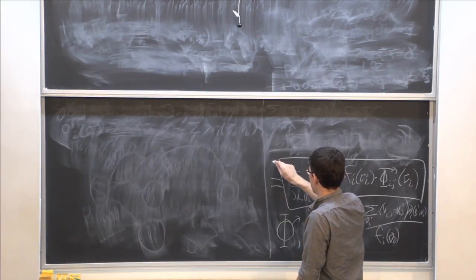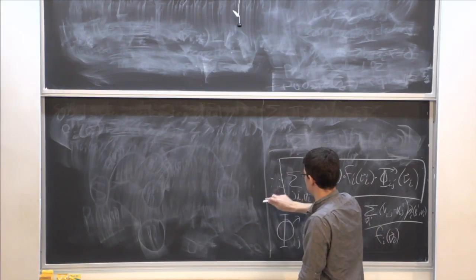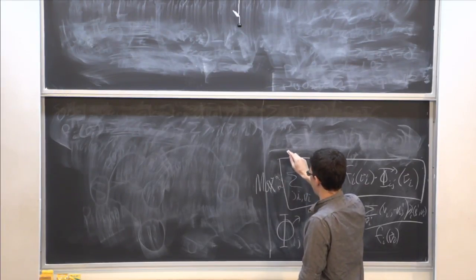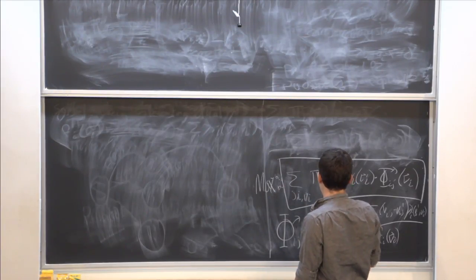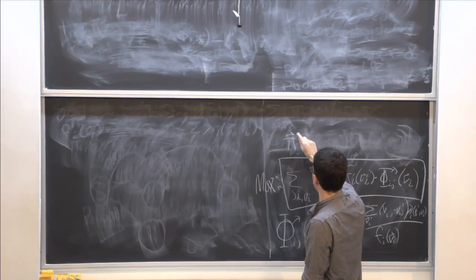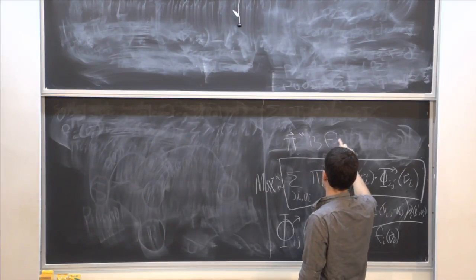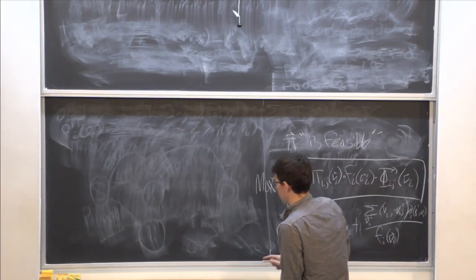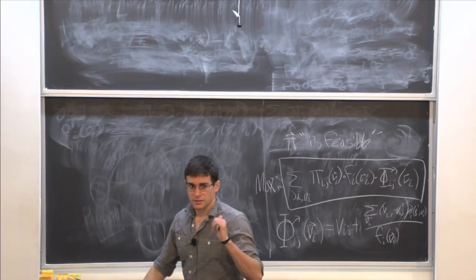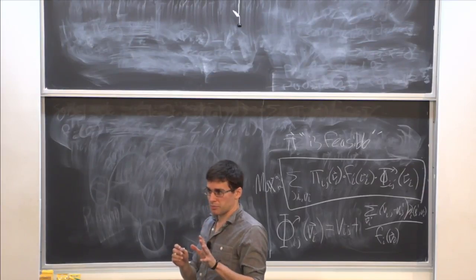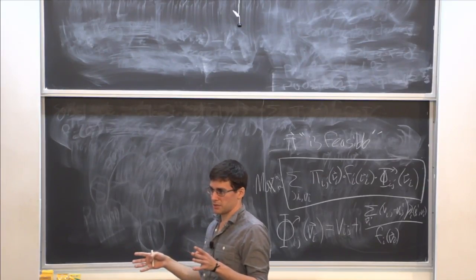We want to maximize this, and the constraints are that this pi has to be feasible. Right? So this means it's not like a separate bidder by bidder optimization.